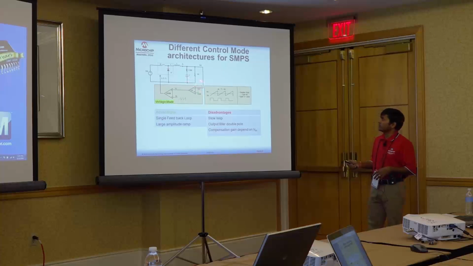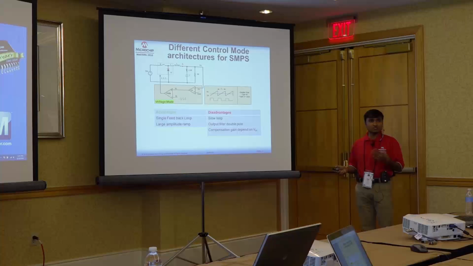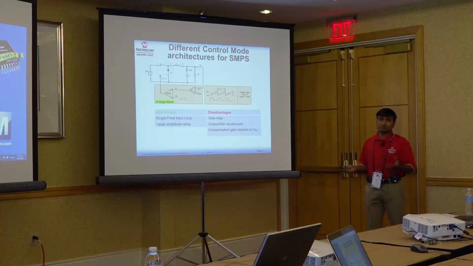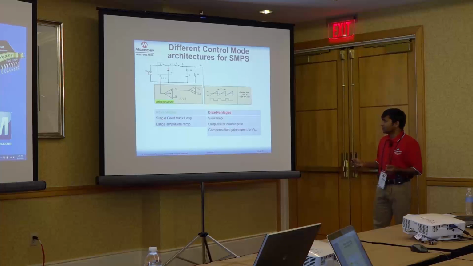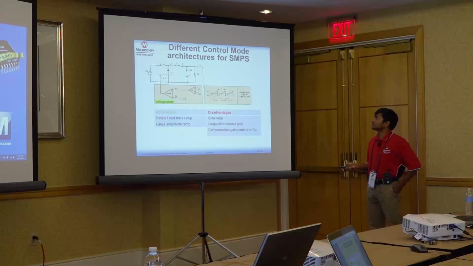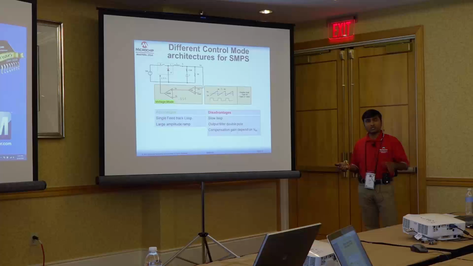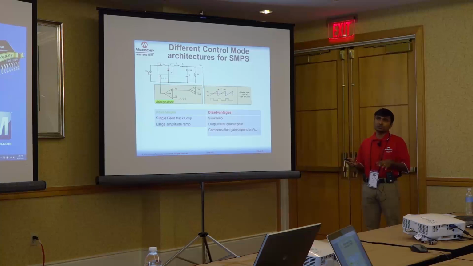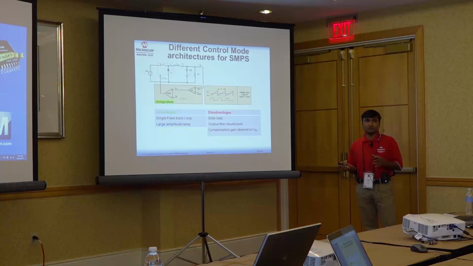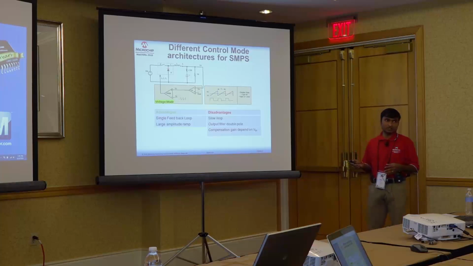So, the advantages of the voltage mode control is a simple loop, but the disadvantages are a slow loop and compensation design. And sometimes, if the ESR zero of the output capacitor is within the limit, we can use the output ESR zero and go ahead with type 2 compensation, but still we need a type 2 compensation.